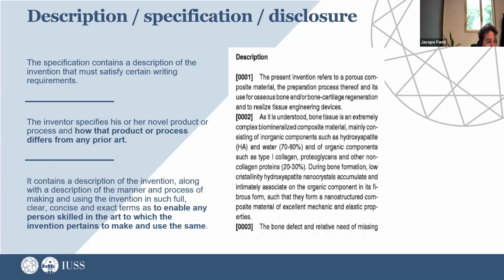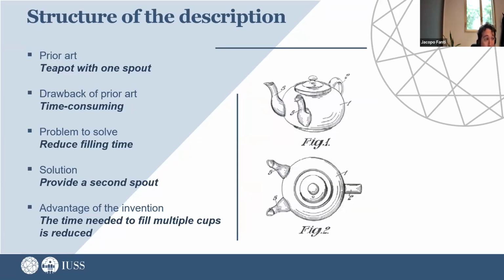In this case, the inventor, for example, specifies how that product or process differs from any other prior art. So it contains a very detailed description. This is a typical example of the structure of the description.